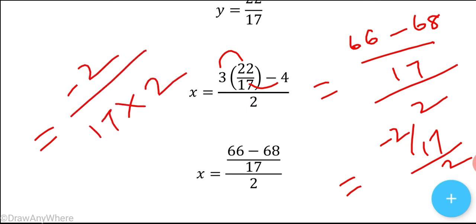The 17 goes to the denominator, so minus 2 divided by 17 into 2.